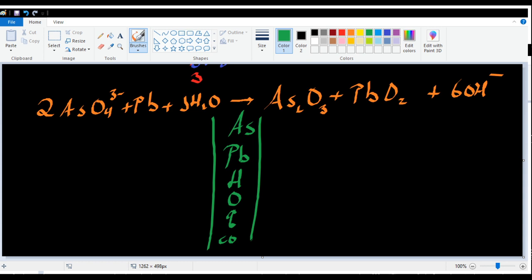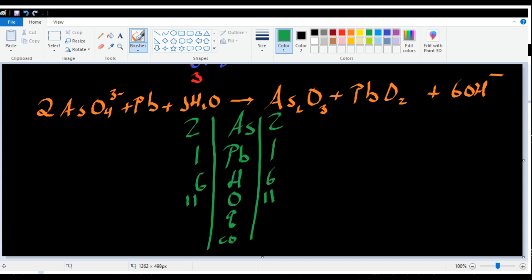We have 2 arsenic on the left, we have 2 arsenic on the right. 1 lead on the left, 1 lead on the right. Hydrogen, 3 times 2 is 6, 6 times 1 is 6. Oxygen, 2 times 4 is 8, 3 times 1 is 3, 8 plus 3 is 11. 3, 2, 6, 11. Haha.